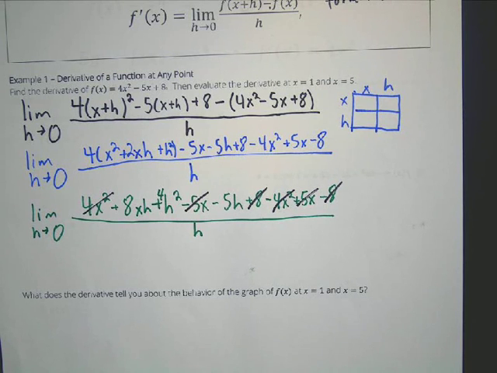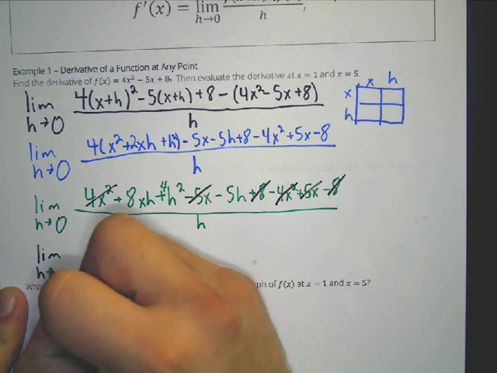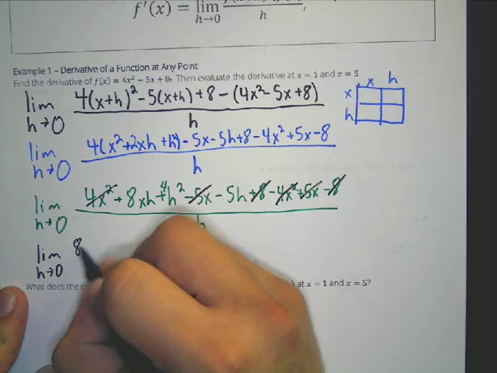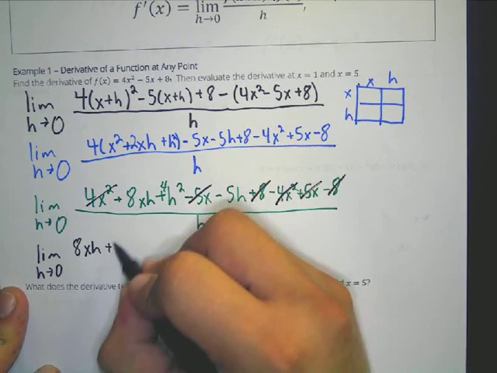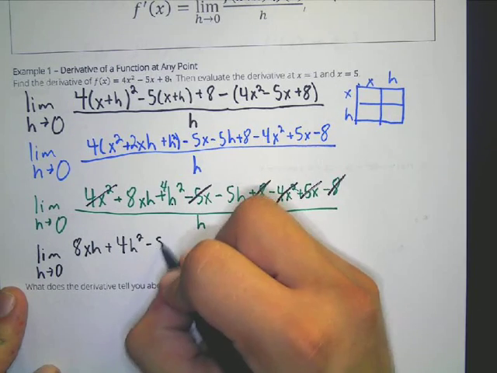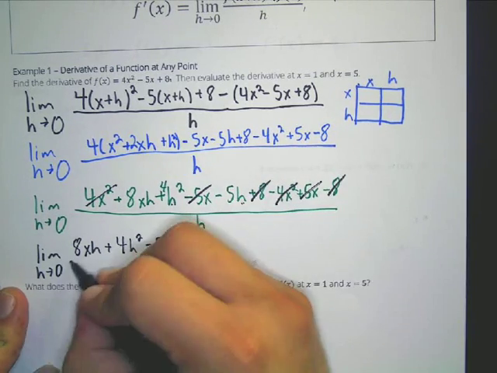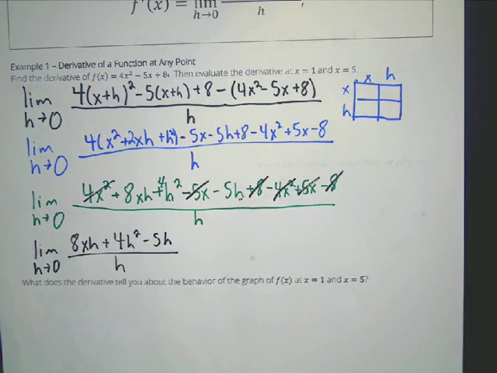So we write down what's left. It's going to be 8xh plus 4h squared, that term, minus 5h all over h.